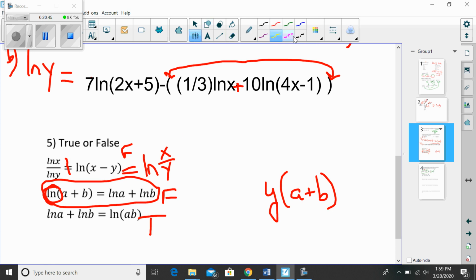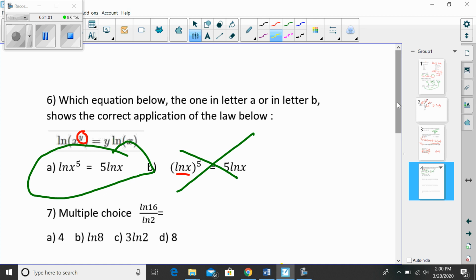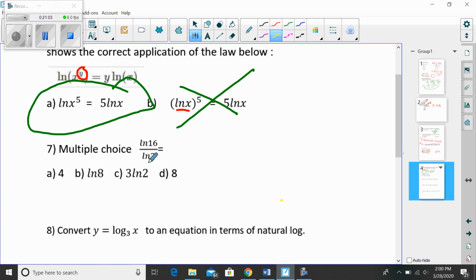So anyone who thinks that's natural log of 8, come back and, actually that's not exactly the same thing as this incorrect thing. But again, natural log of 8 is not correct. We can't just divide these two.